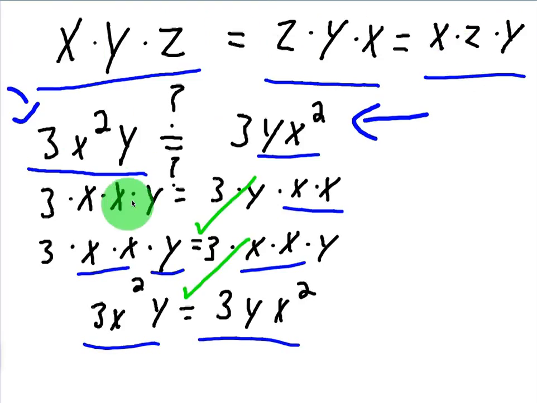For example, 3x squared y, does that equal 3yx squared? Well, what we're going to demonstrate is, in fact, it does. If we break down the x squared, that's just x times x. If we break down the x squared over here, it's x times x. Now notice that you can take the x times x and move it to the left of the y because of this commutative property.